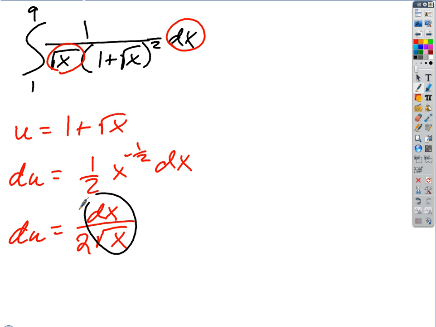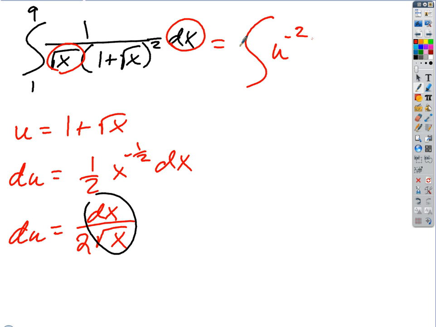And this is a good substitution up here. So what does this end up looking like when we make our substitution? So this is just a 1 over u squared, which if we write that as a negative power, is just u to the minus 2. And then what is this dx over radical x?